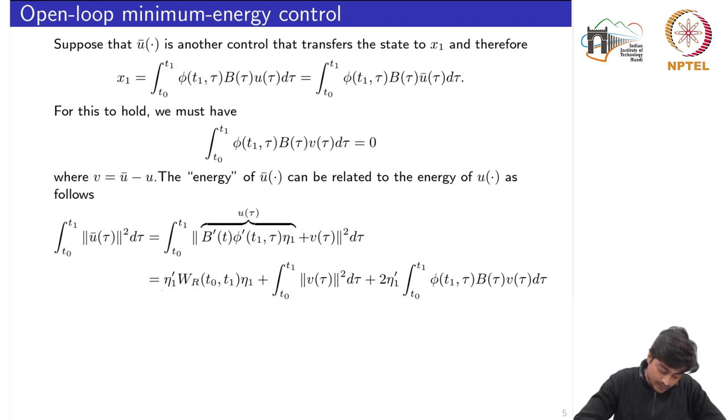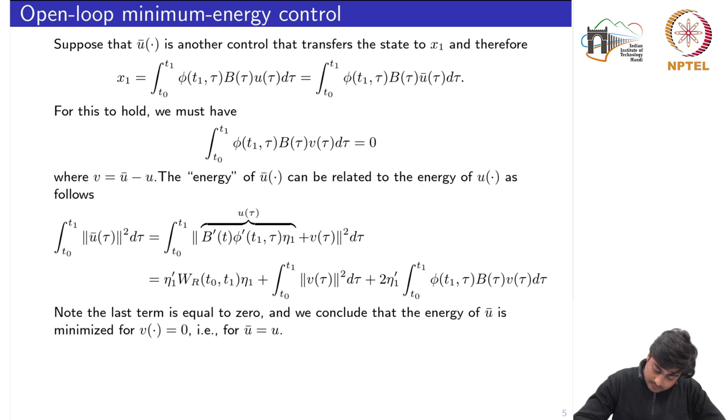So we would have eta 1 transpose and eta 1 at the end, and the remaining part would be the reachable Gramian matrix, which we have specified by WR. The norm v square integral would stay as it is. Similarly, plus twice of eta 1 transpose phi B and v. Now note that this term would be 0 from here.